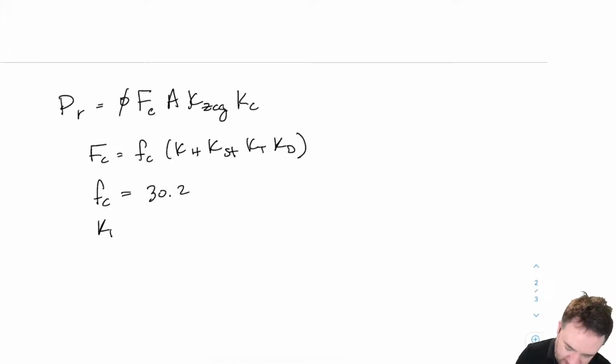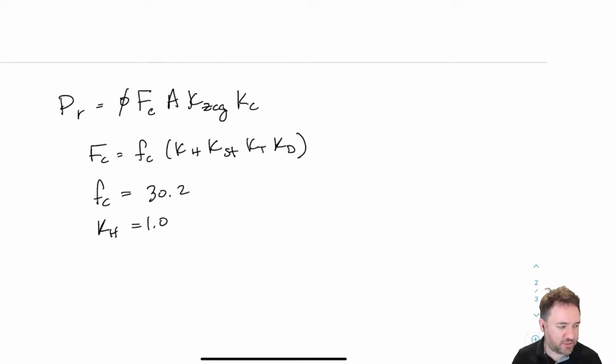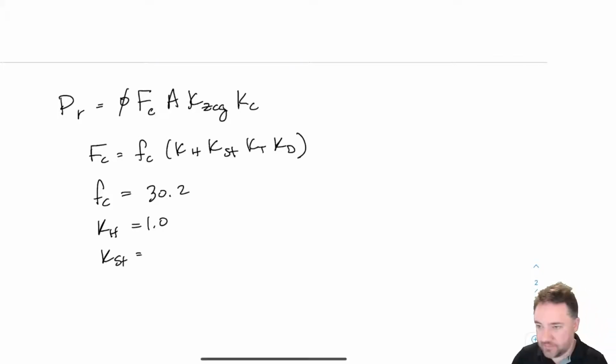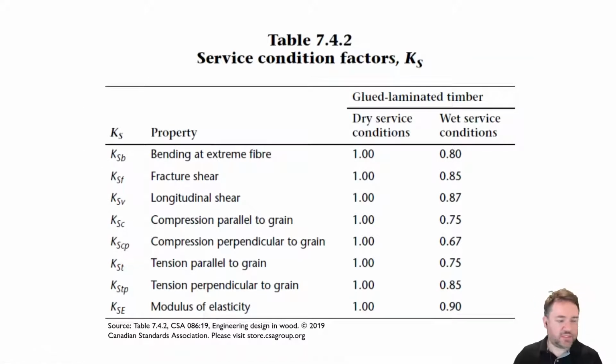My KH is going to equal 1.0 here because I don't have more than one member supporting the same load. Well, I need at least 3 for KH. KST I'm going to find from a table because we said this is wet condition. So we're having wet condition, unincised, but treated.